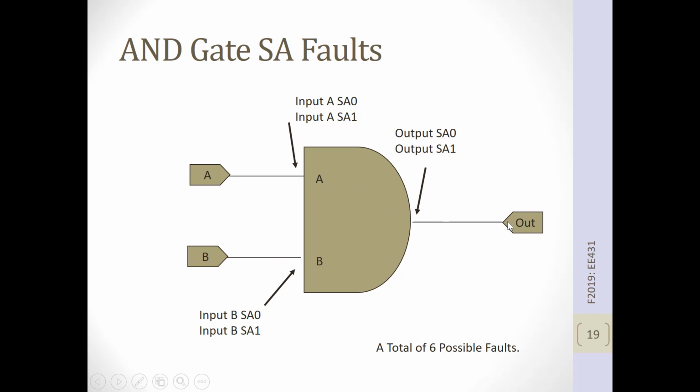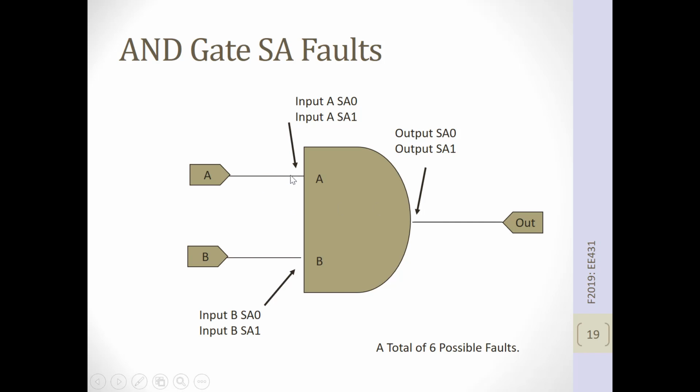So to test this AND gate completely, I can give it inputs and I can watch the output. That's all I have. I can't probe anything inside the gate. I can just give it inputs and see if the output's wrong.